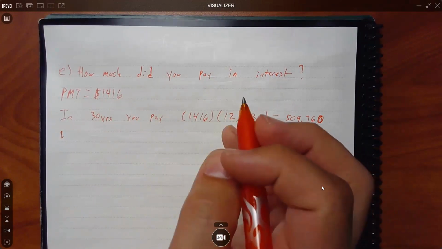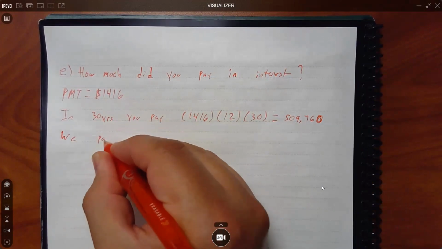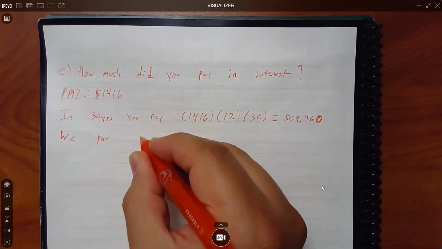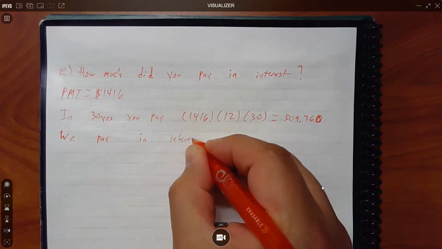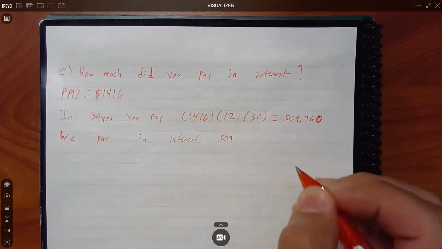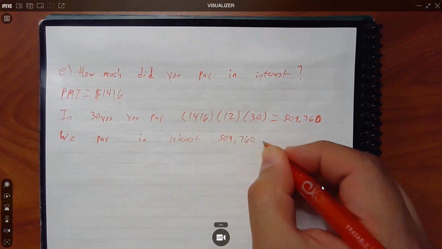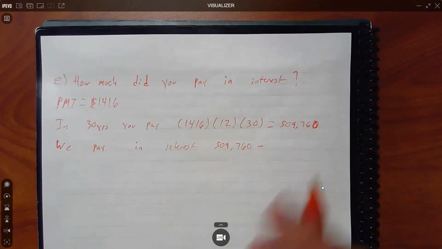So we pay in interest 509,760 minus, what did we say, 224,000?